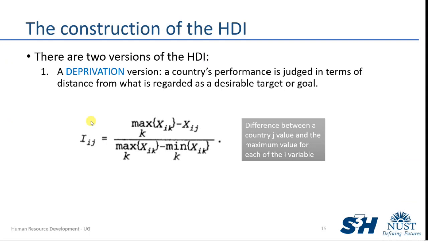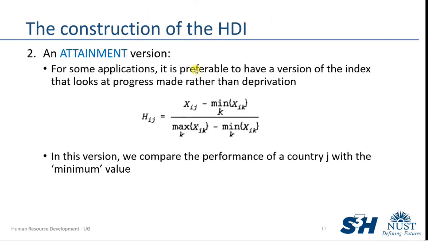In the earlier case, because it is a deprivation index, the higher the index is, the higher is the deprivation. Here, the higher the index is, the higher is the attainment. Better it is for us. So the higher the number, the better it is for us. If x minus minimum is higher, it means that I'm doing much better than the other countries.